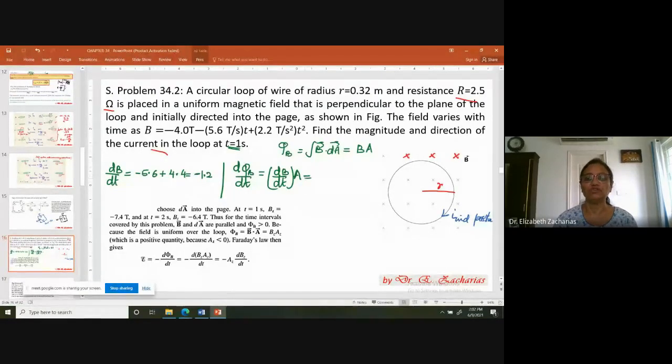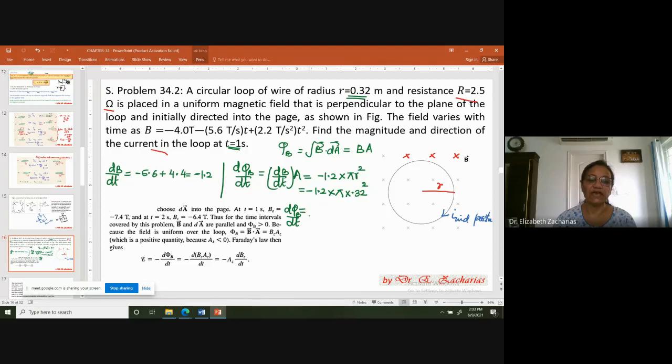So now let me put this here. dB by dt is minus 1.2. And what is my area? Area is going to be pi r square. So minus 1.2 into pi into, what is the radius? Radius is given as 0.32, so into 0.32 square.